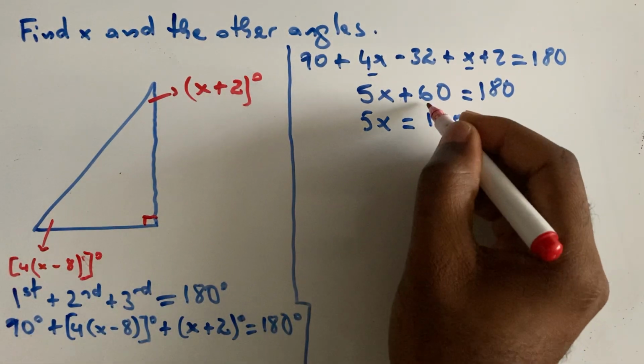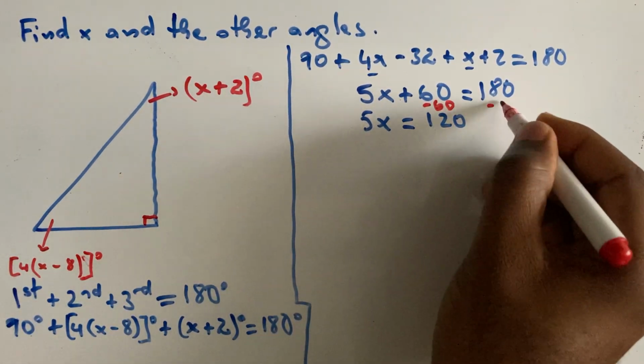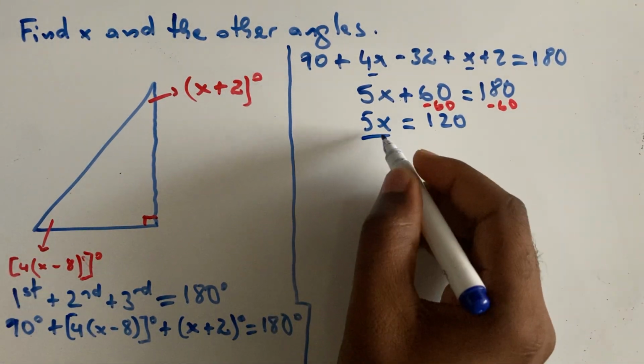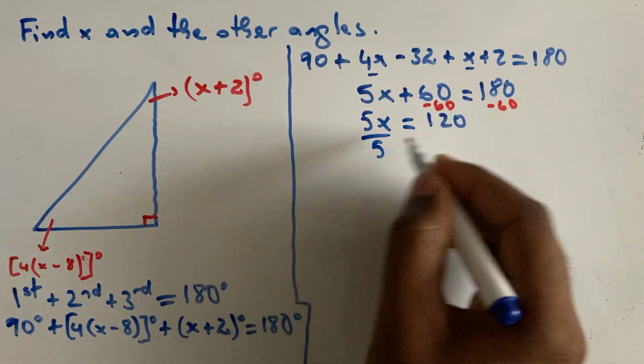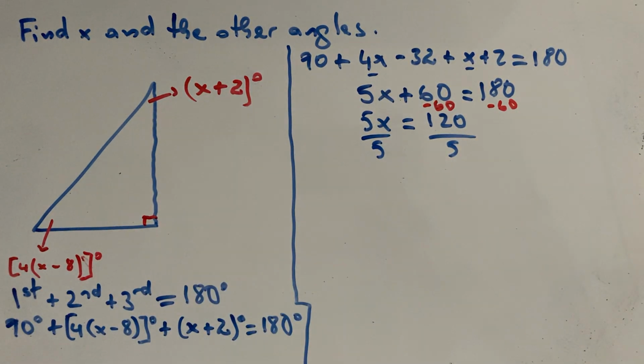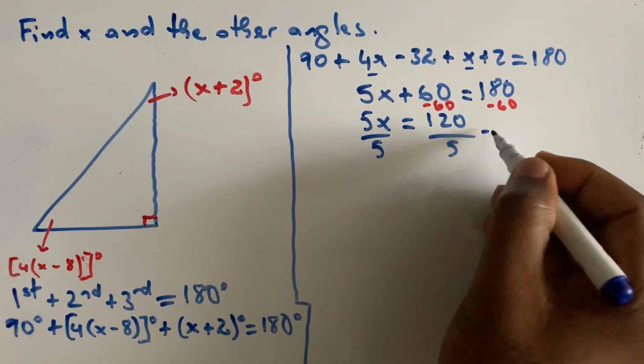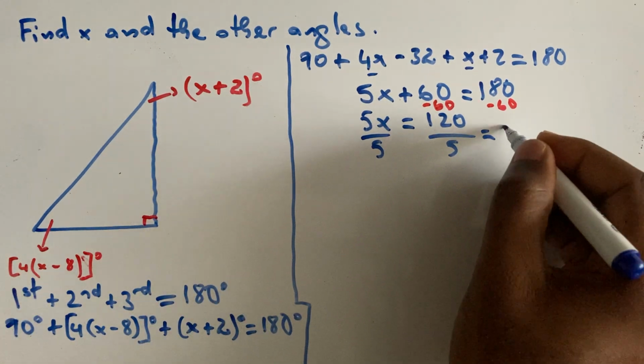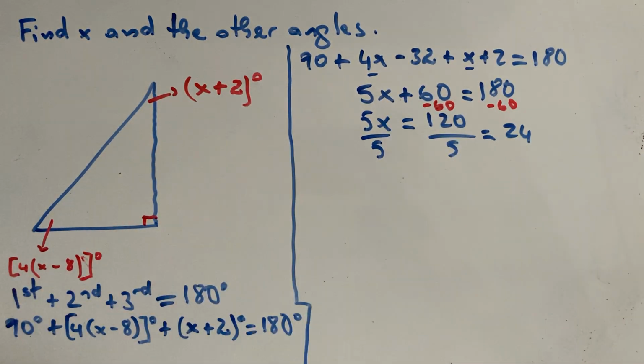I just subtracted 60 from both sides, and that's why I got 5x on the left equals 120 on the right. Then you divide both sides by 5, and you get 24, right? 24 is the value of x.